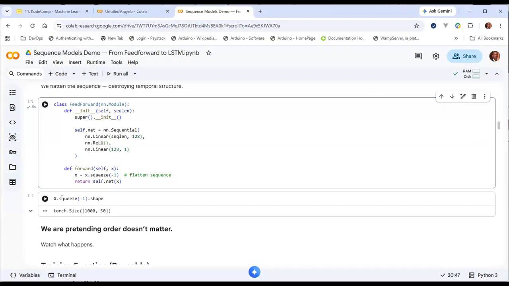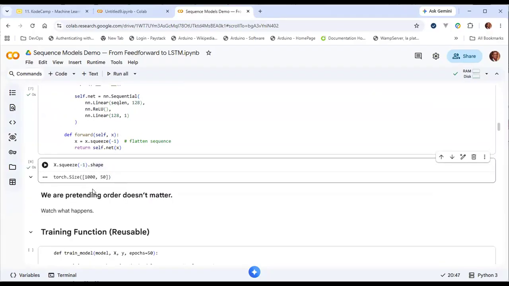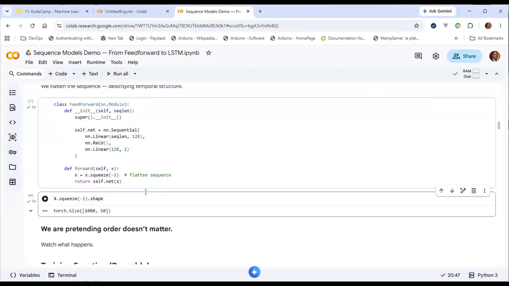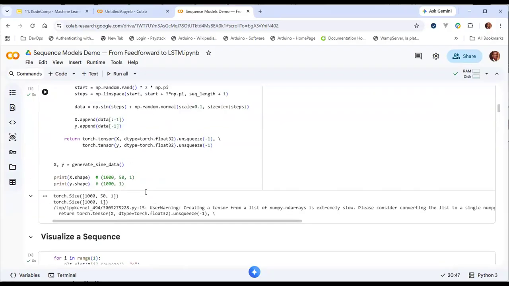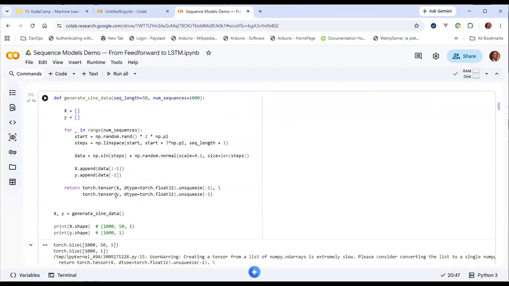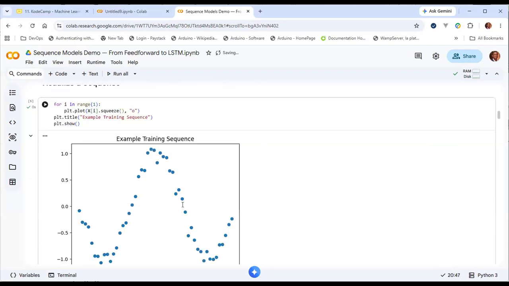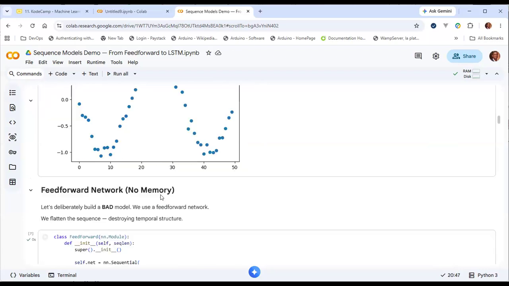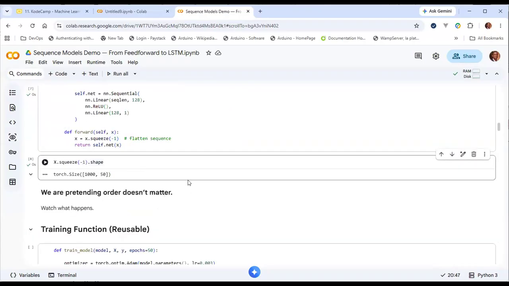Then we take the X value and we have 1,000 X values and 50. So 50 is the sequence length. Remember, we're dealing with sequences here. So we first of all get the sequence. If you actually look at it, remember we have to generate the sequences. And this one was just the shape of X, right?